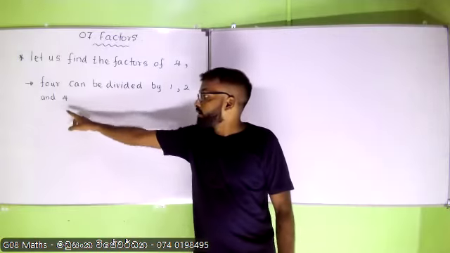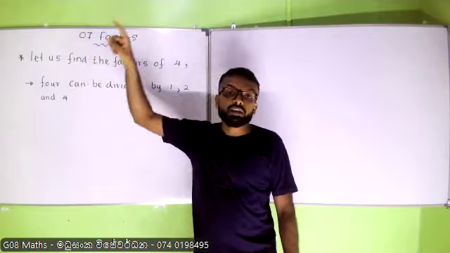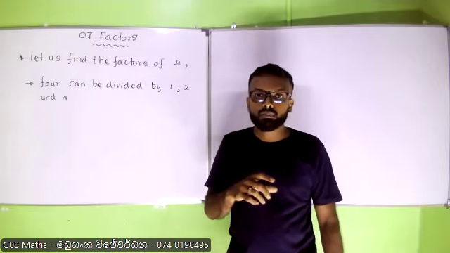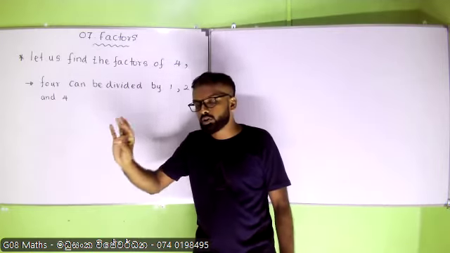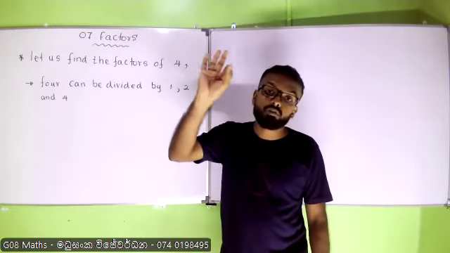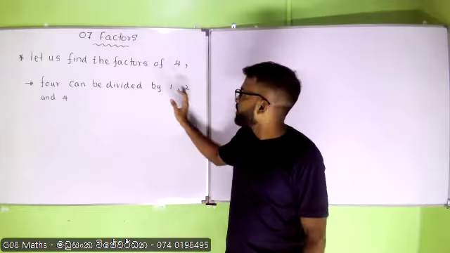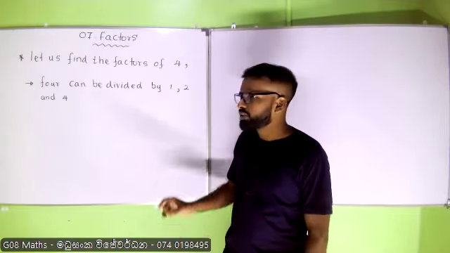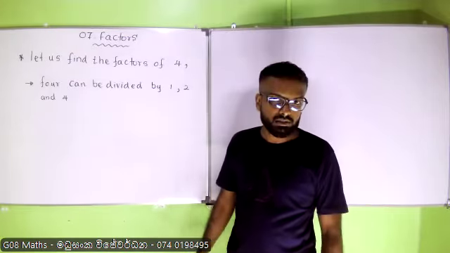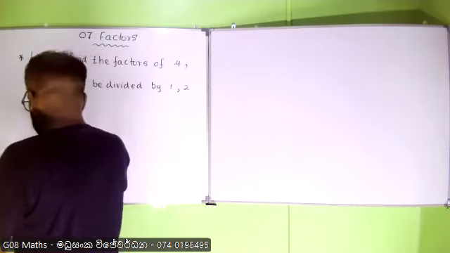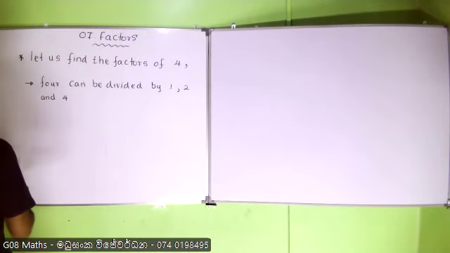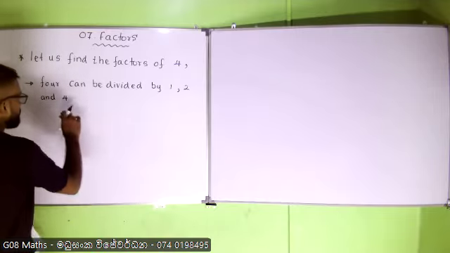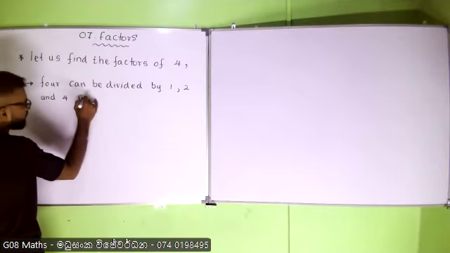So that number 4 itself is a factor. Because when we are dividing by a particular number, we will be having 0 remainder. So we are telling that 1, 2, and 4 are factors of 4. So that is how we are going to identify a factor. 4 can be divided by 1, 2, and 4 with 0 remainder.